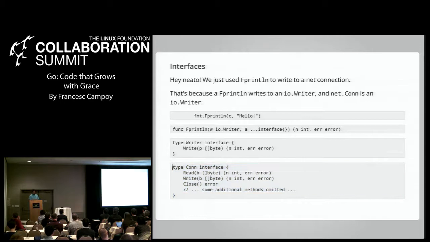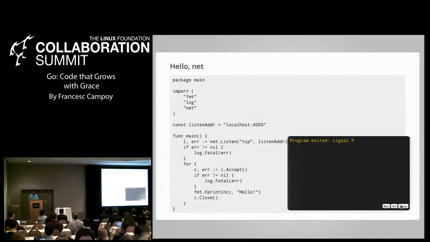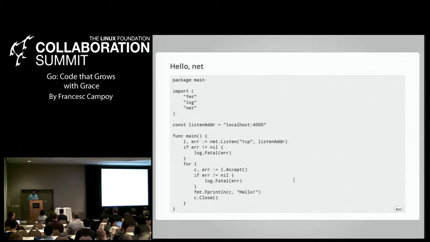That also means that other interfaces having at least that one method are also a kind of writer. So for instance, a connection has Read, Write, Close, and some other methods that we don't care about. Therefore, every connection is also a writer. So that's why with c, which is a connection, we can call Fprintln.